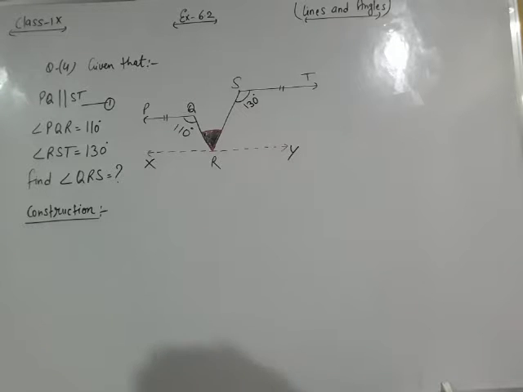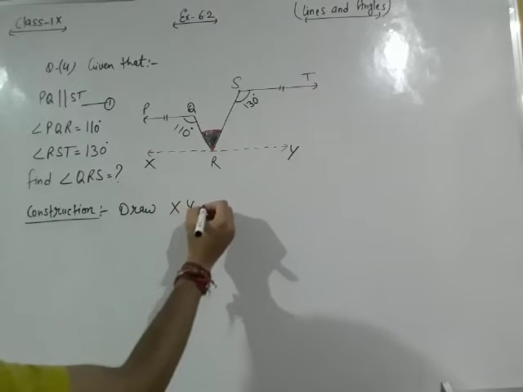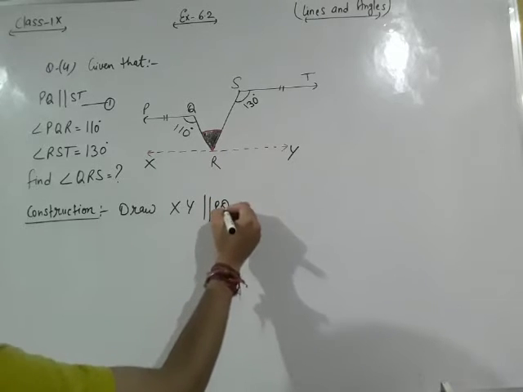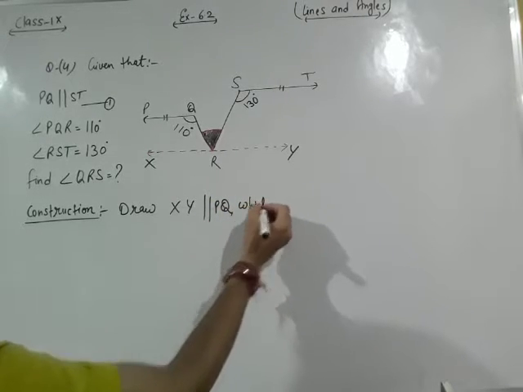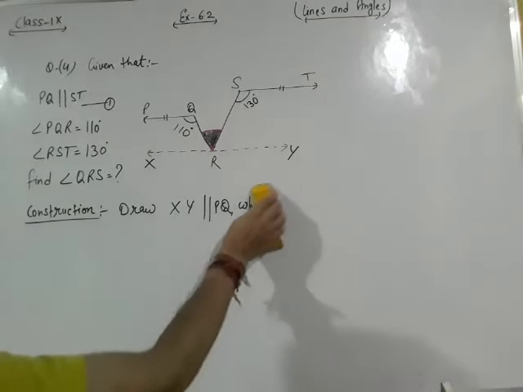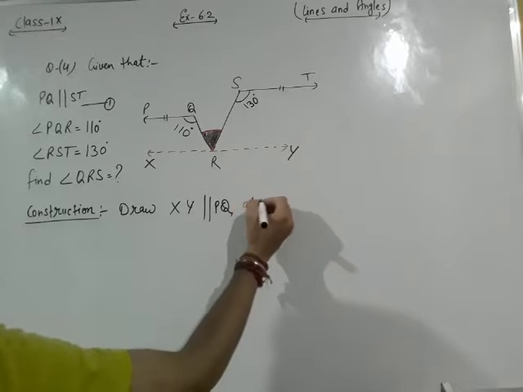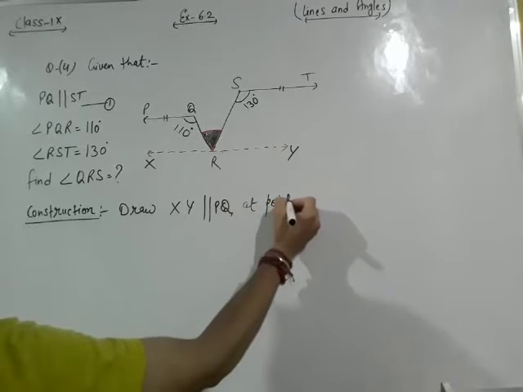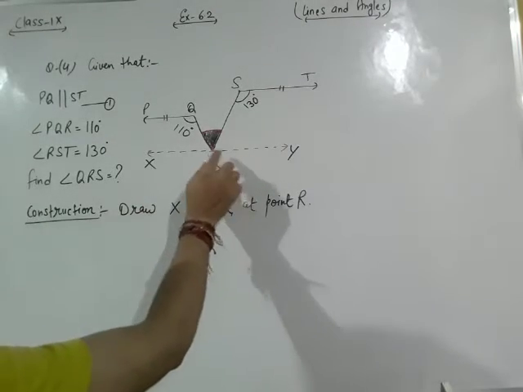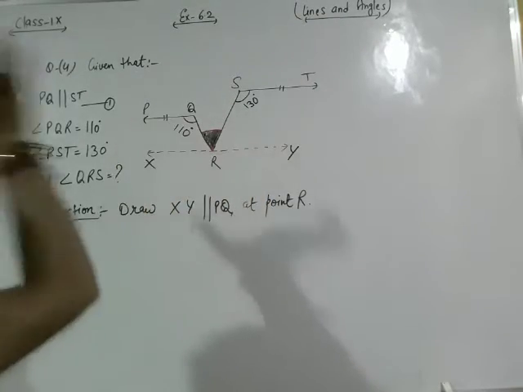We will write here, draw a line XY parallel to PQ at point R. Or we can write draw XY parallel to PQ passing through the point R, or we can write draw a line passing through R which is parallel to PQ.